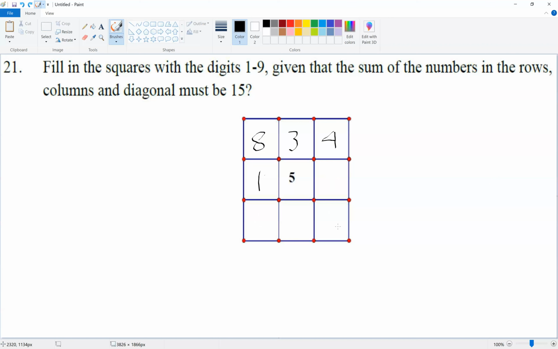Watch this. The way I solve it is I just take the lowest number and put it on the top. Okay, Isha, are you following? Yeah. Then you go northeast.